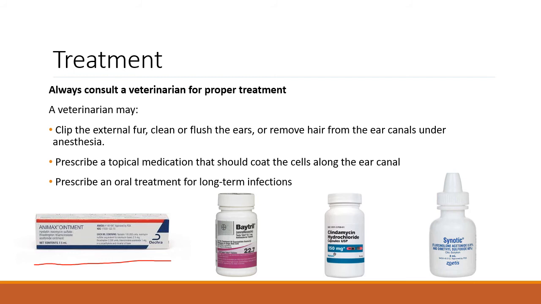The next one is Baytril, which is an oral antibiotic used when dogs have bacteria in the ears that are invading cells. Fluoroquinolone is present in this drug and interferes with the bacterial DNA metabolism to kill off the bacteria.